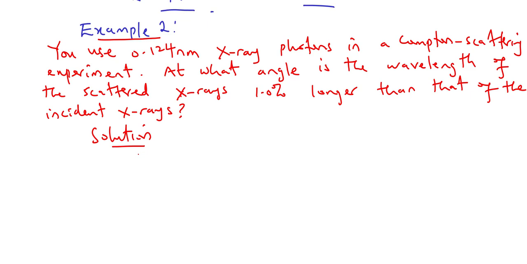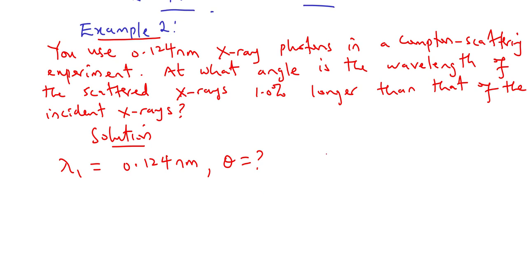You need to properly interpret this question before you attempt to solve it. The original wavelength, lambda 1, is 0.124 nanometer. The question is asking us to calculate the scattering angle.